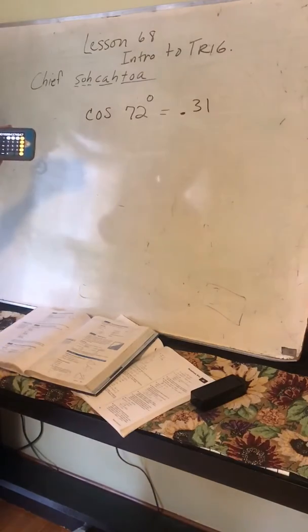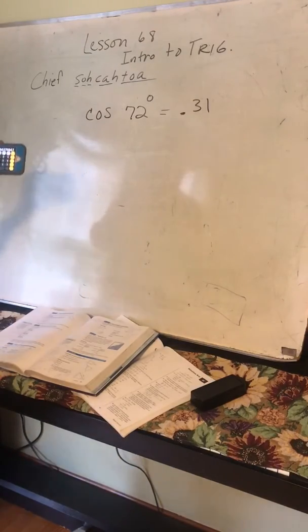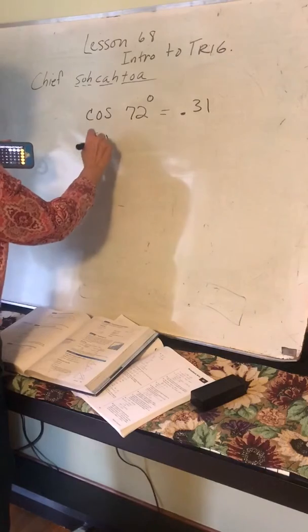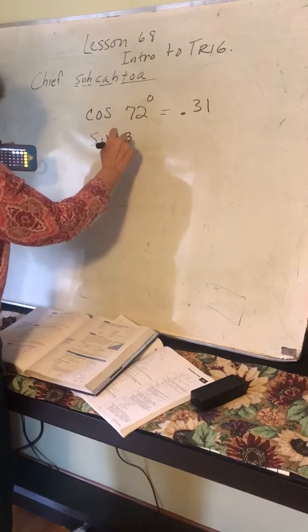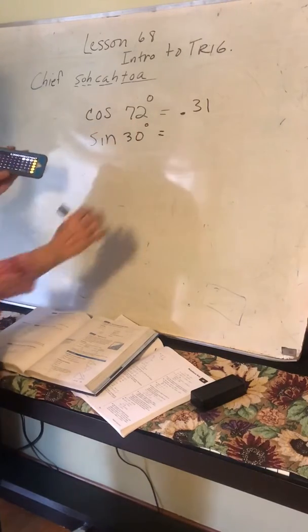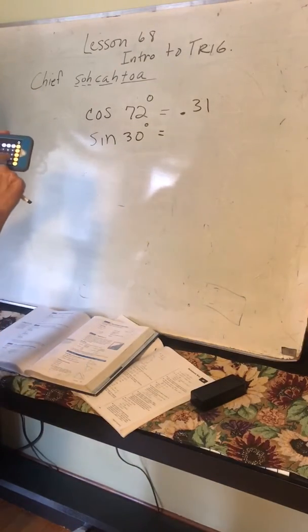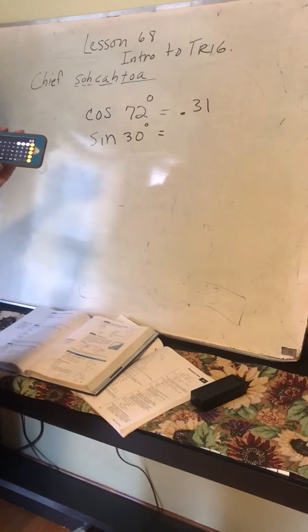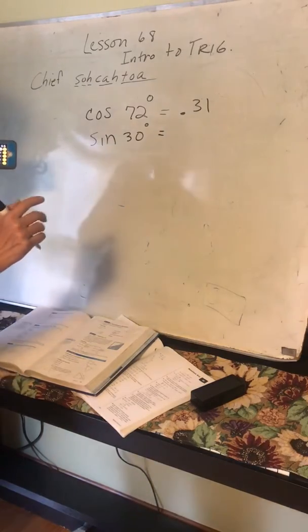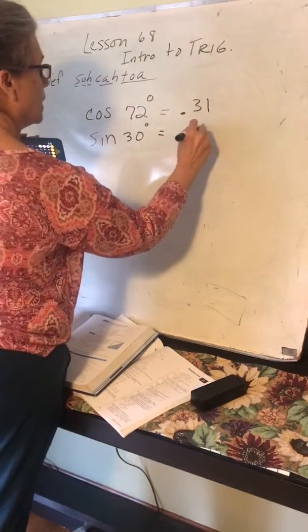And that's the answer they're looking for. Okay, so if you want to do the sine of 30 degrees, clear your calculator, punch in 30 and hit sine, and you should get 0.5.